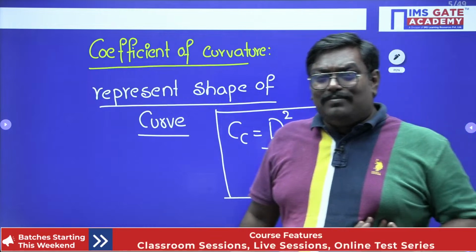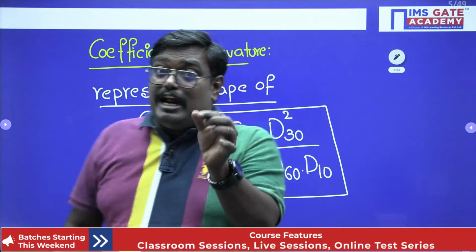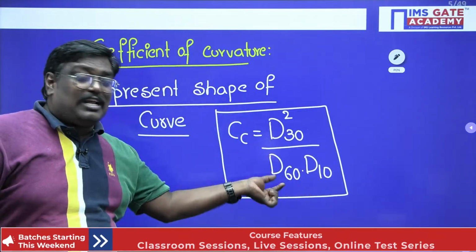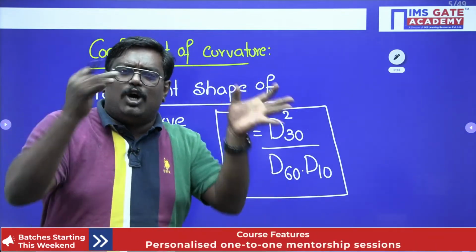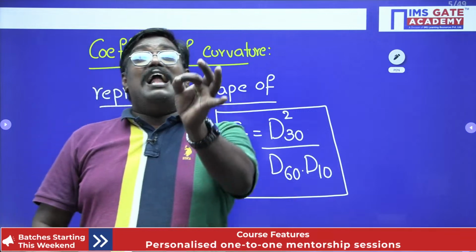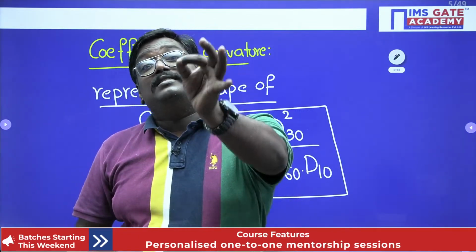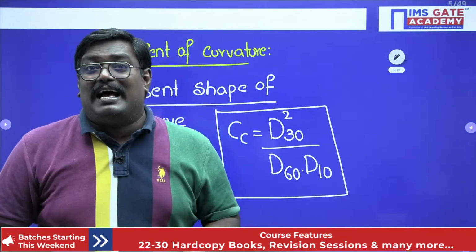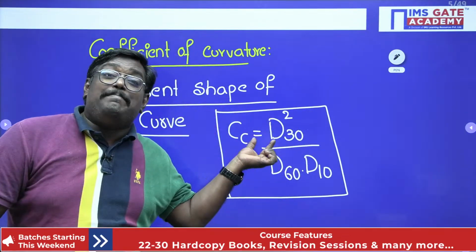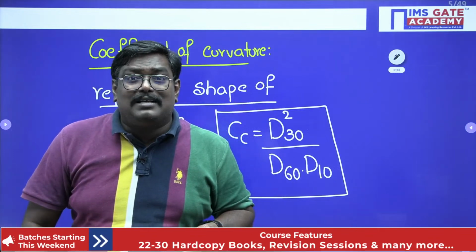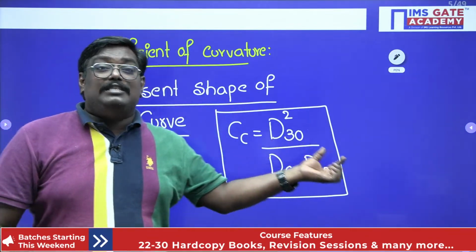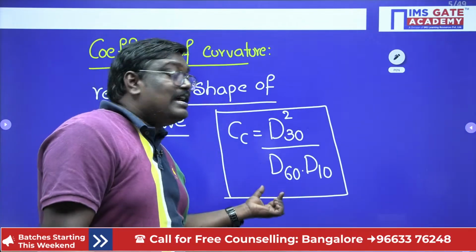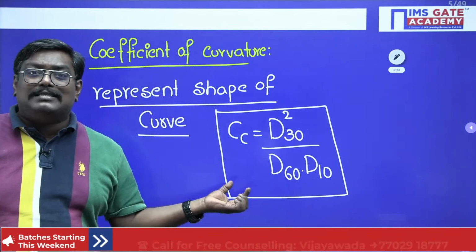Remember, my dear students, first of all, whether it is D30, D60 or D10, understand that it is a sieve size. D30 is the sieve size where 30% of the soil particles are passing. D60 is the size of the sieve where 60% of the soil particles are passing.